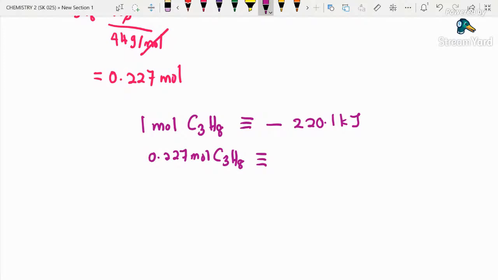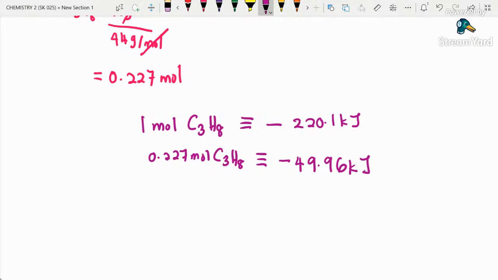It's supposed to be larger or smaller than 220. Logically, it's supposed to be less than 220 lah, because the number of mole is less than 1 mole. Okay, 220.1. 49.96, because it is not, okay, negative 49.96 kilojoule.